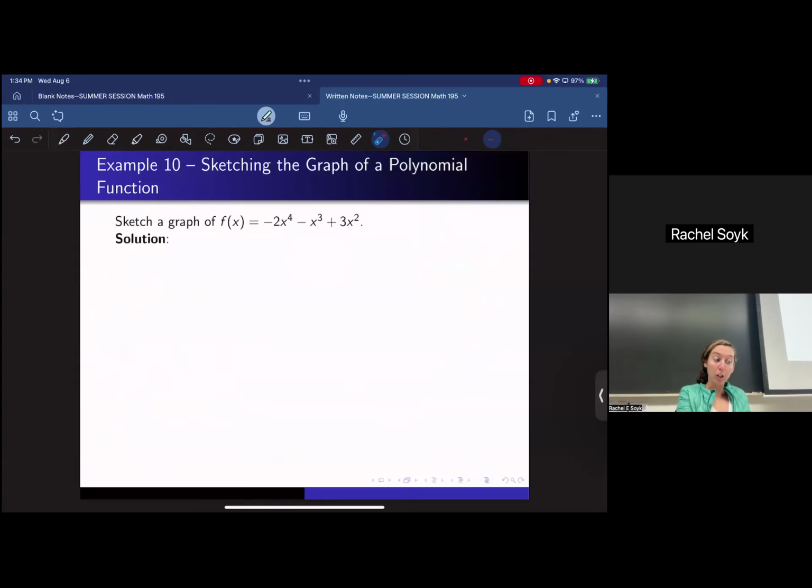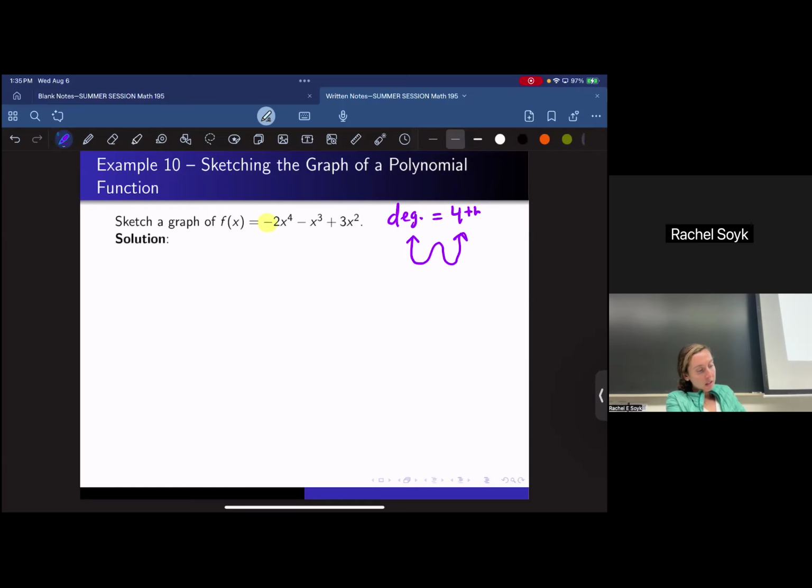Let's look at another example together, where now we have a quartic function, and that just simply means that our highest degree is 4, which means we have 4 minus 1, aka 3 humps, our W-looking graph. But it's negative.